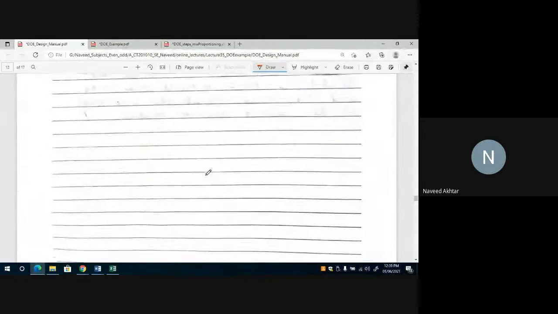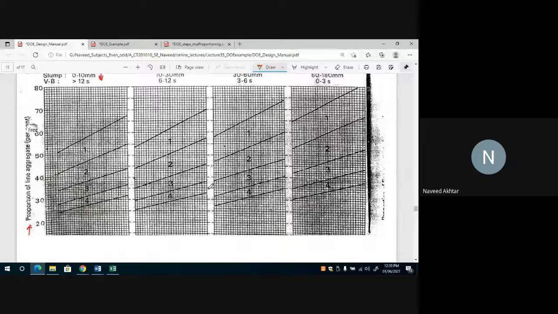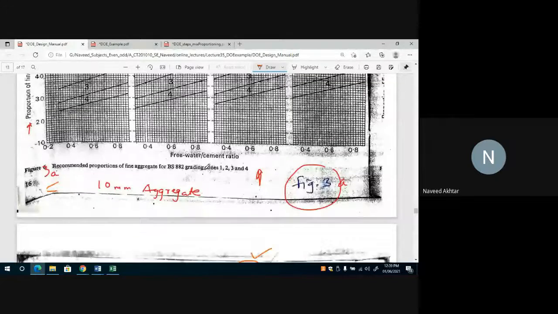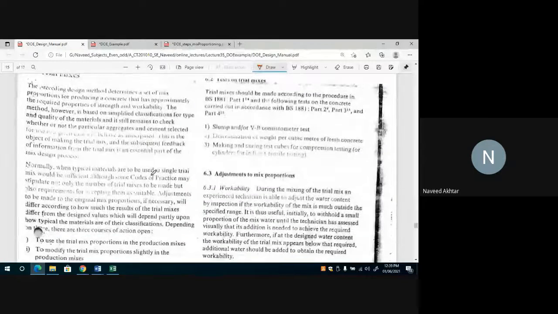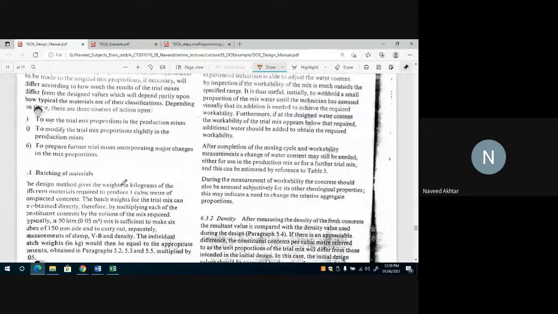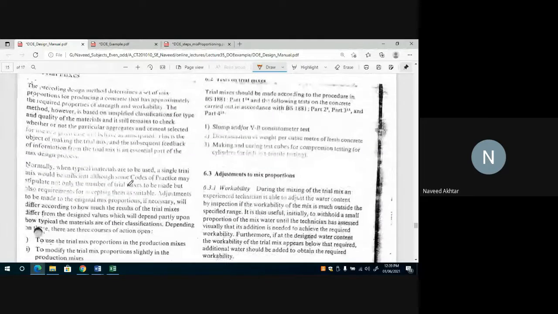So for 50%, which graph is there? So for 50%, I will say this is the graph, grading zone 1, 2, 3, 4. Where is 50% coming?